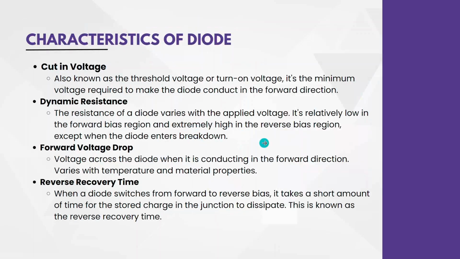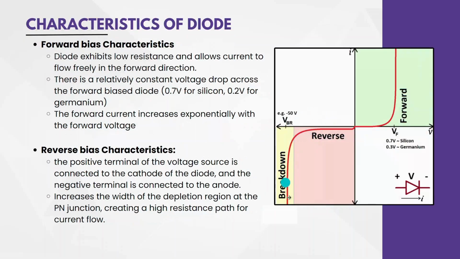Dynamic resistance is another characteristic feature of a diode, where it increases in the reverse bias region and decreases in the forward bias region. But when the diode reaches breakdown in reverse bias, then we have seen that the reverse current increases exponentially.